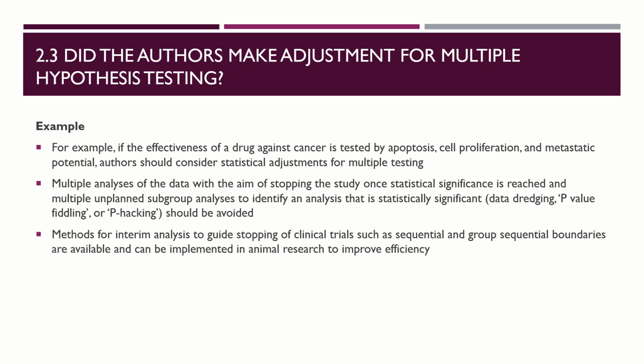Now, if you want to do interim analysis, there are appropriate methods that are available. So methods for interim analysis to guide stopping of clinical trials, such as sequential and group sequential boundaries, are available and can be implemented in animal research to improve efficiency. So if you really wanted to reduce the number of animals, you can use standard methods for interim analysis that are used in clinical research.